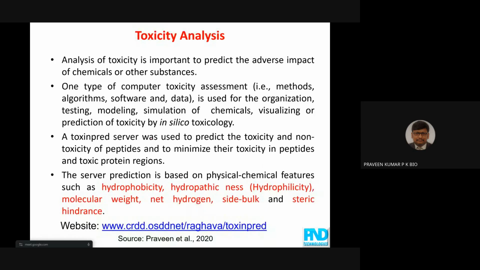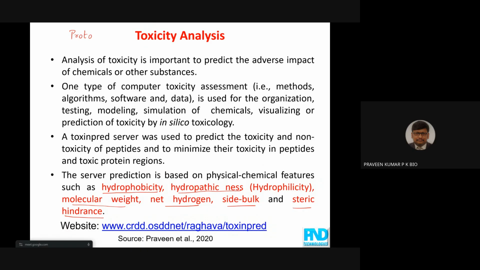And for toxicity, we can check through parameters like hydrophobicity, hydropathicity, hydrophilicity, molecular weight, net hydrogen, side bulk, and steric index. You remember, in the beginning of the session I told you we use a tool called ProTox3.